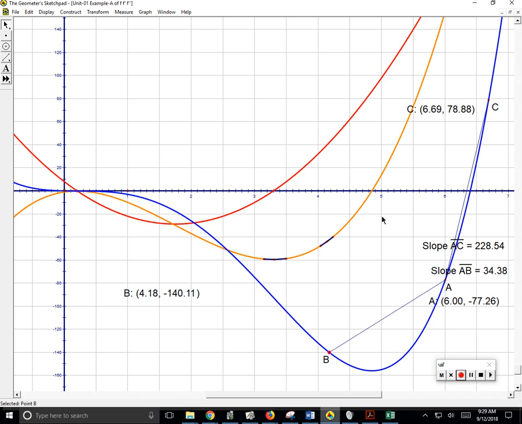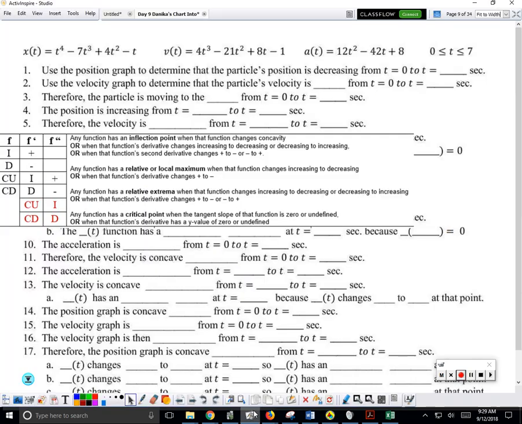So if we find that local min's location, we have the answer to number 1. We will have determined that the particle's position is decreasing from time 0 to that time. Did I show you how to find the min on the calculator?